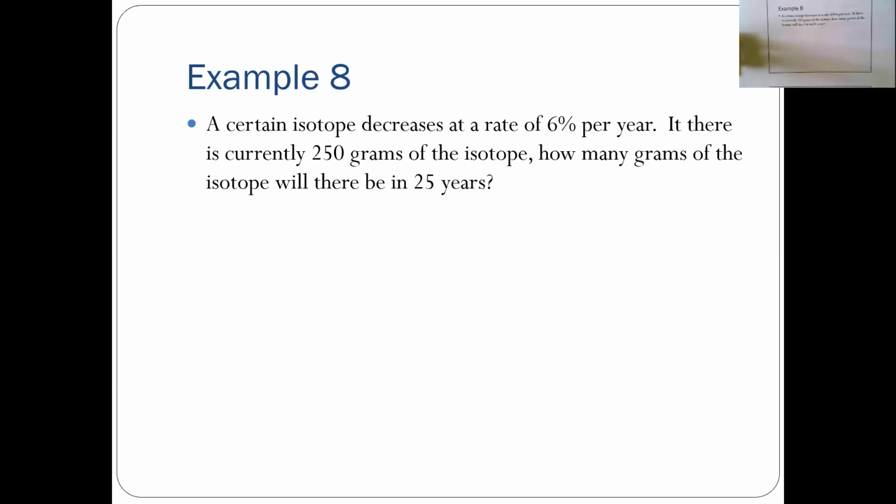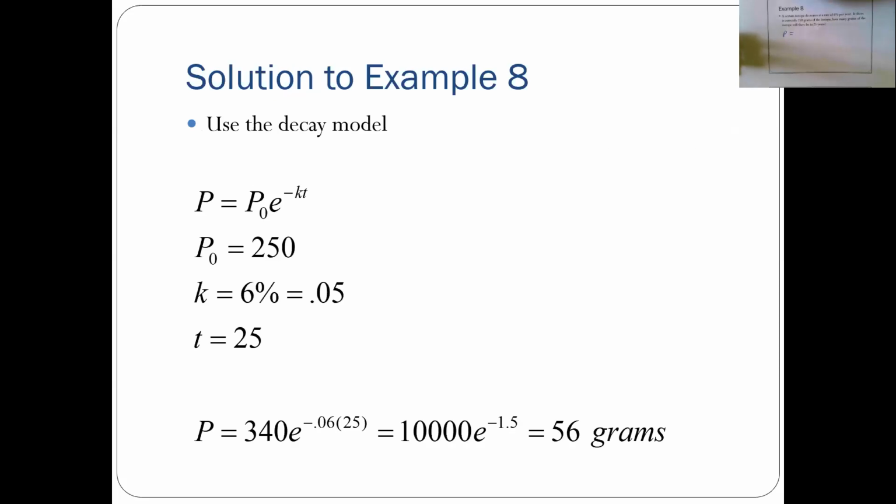And again, we got our cat contribution to the lesson today. That's what I get for doing this from home. Anyway, P0 will be 250 times e to the negative 0.05 times T, which is 25.